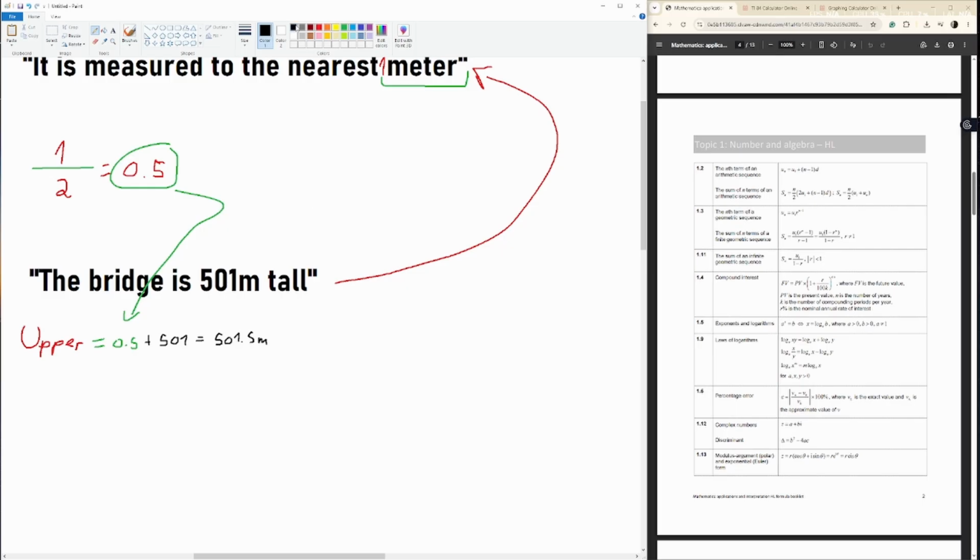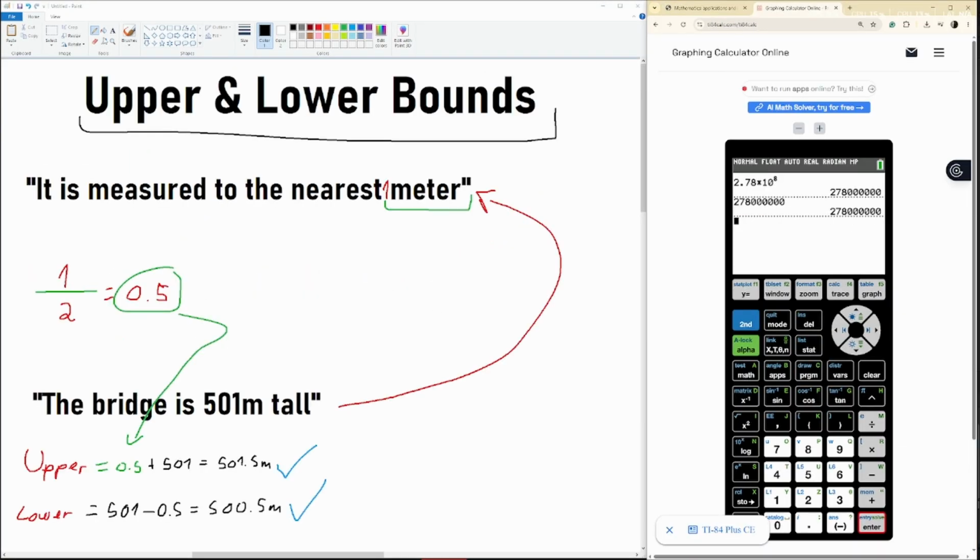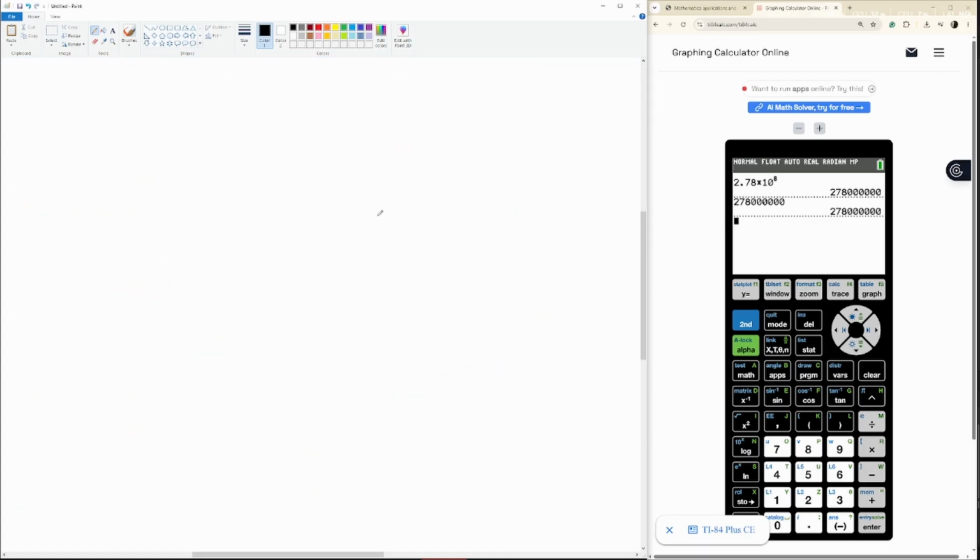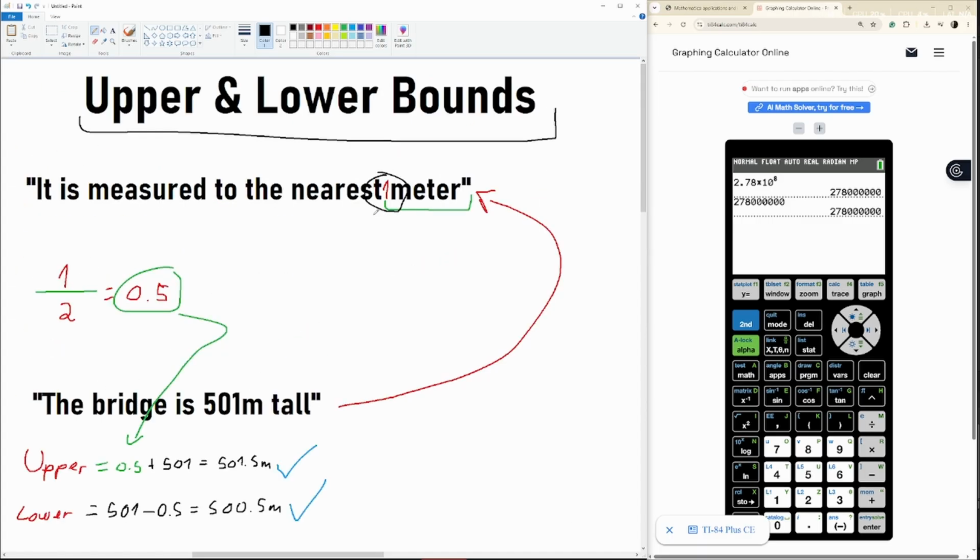And if you want to find your lower bound, it's just the same thing. However, now you take your bridge, which is 501, and you subtract 0.5 from it, and you get that it's 500.5 meters.